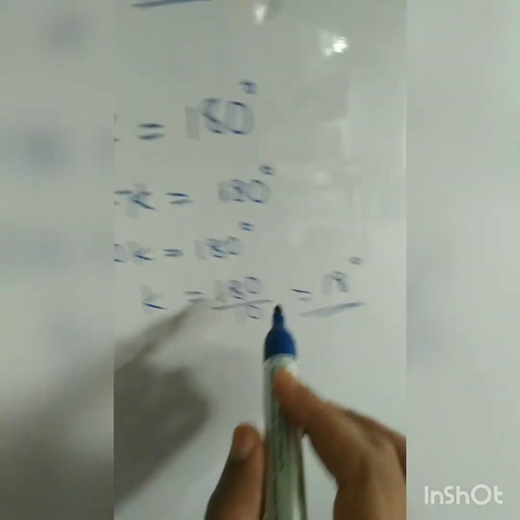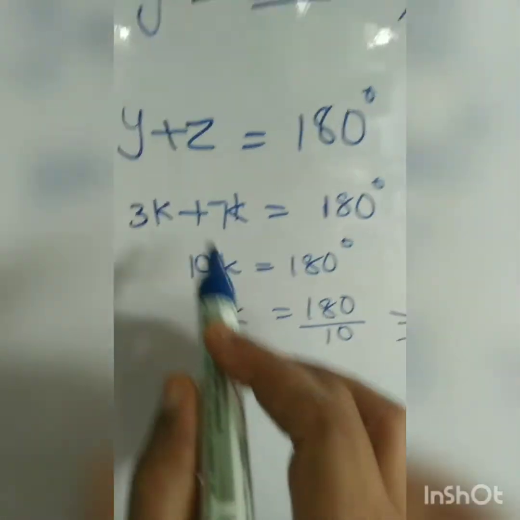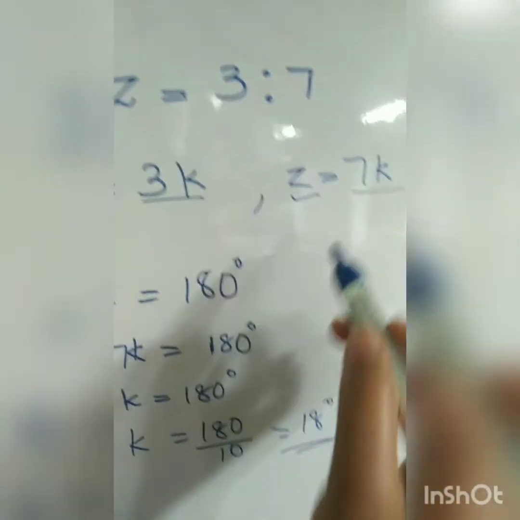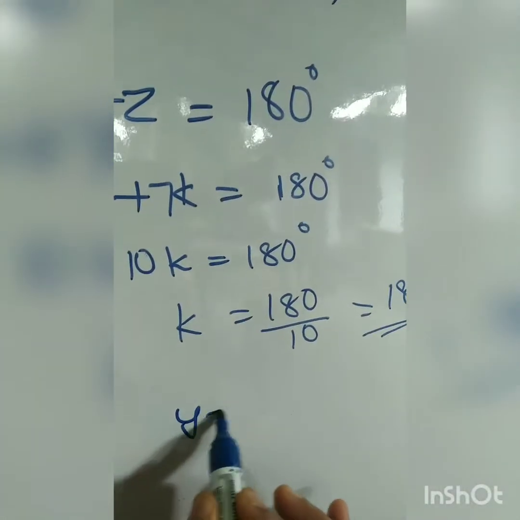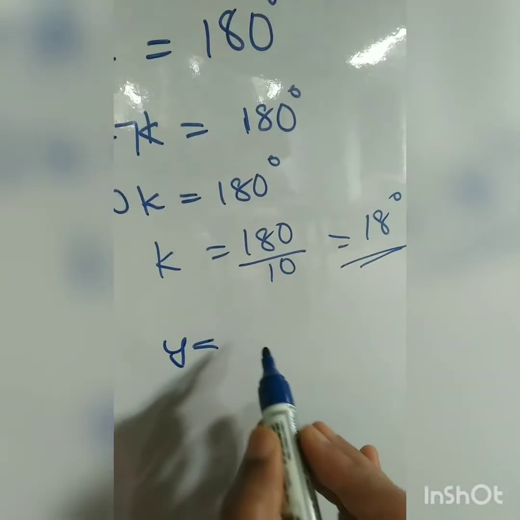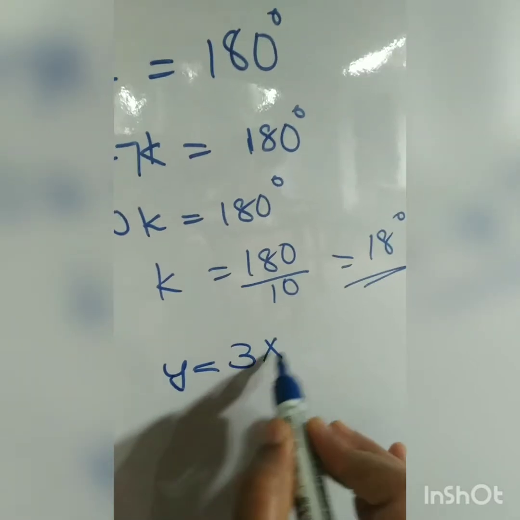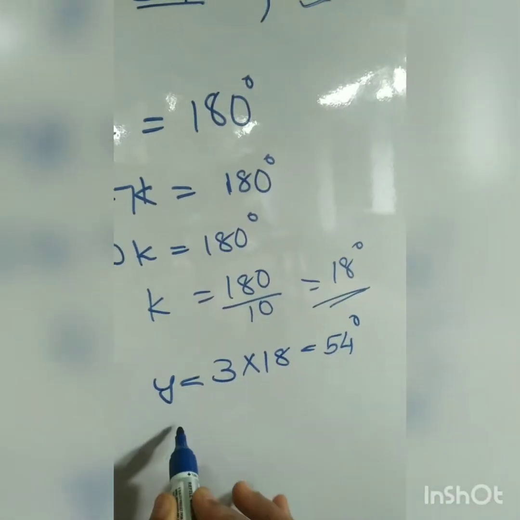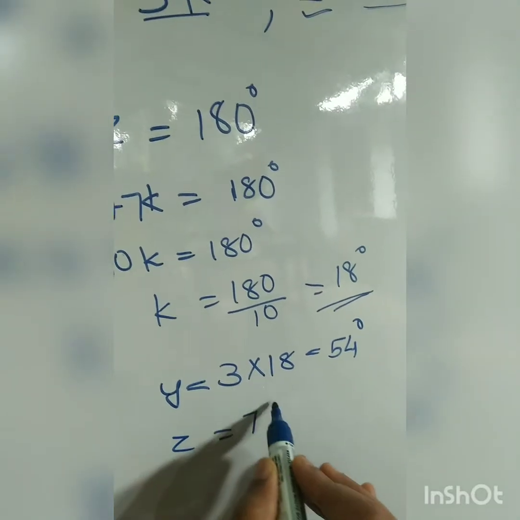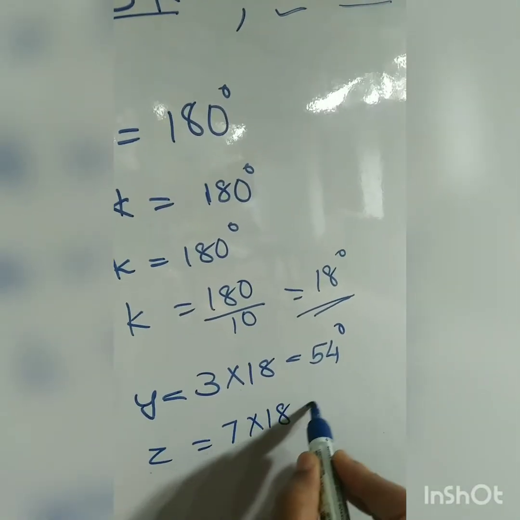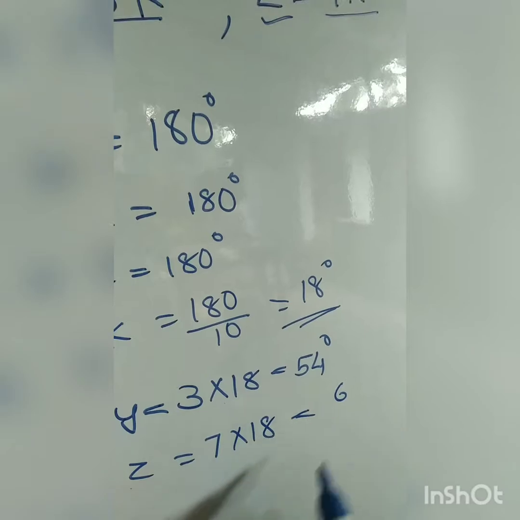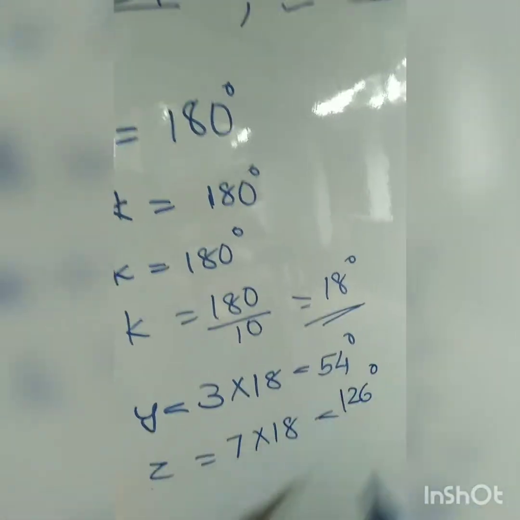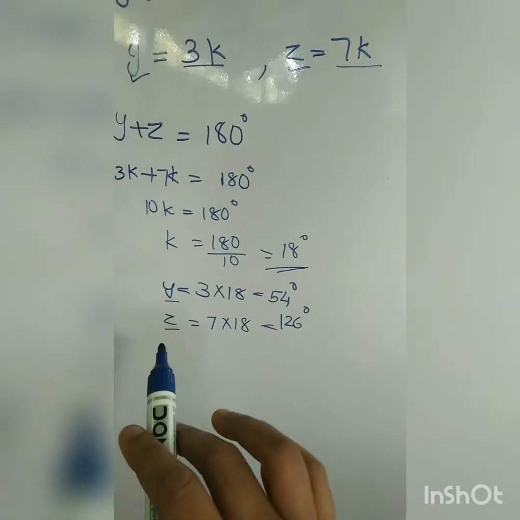Thus we got K. Now find Y and Z. Y means 3K, 3 into 18, that is 54 degrees. Z equal to 7K, that is 7 into 18, 126 degrees.